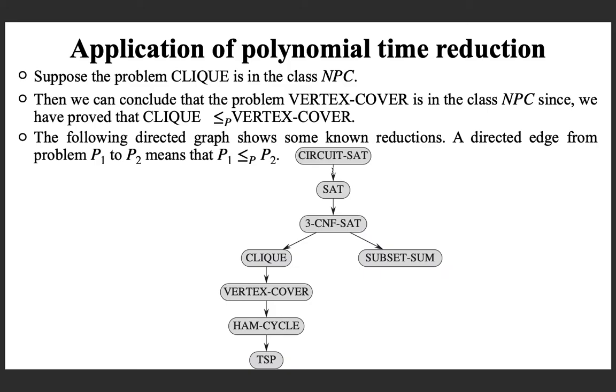Another application is, suppose you are given a new problem for which you are asked to write a polynomial time algorithm, and you are trying your level best maybe for 6 months, but you are not able to get an algorithm in polynomial time. Then it is worth spending some time to see whether you can reduce your problem into one of these problems.